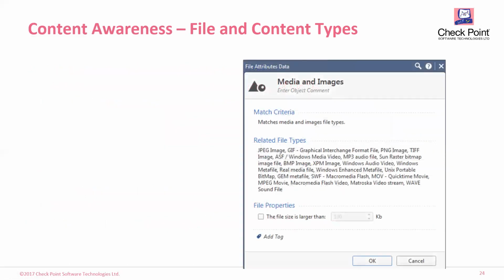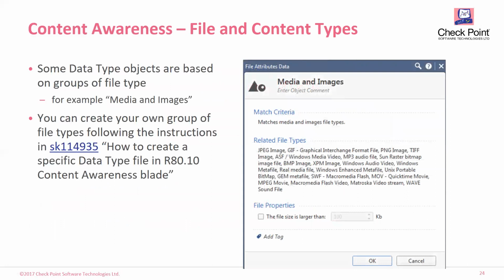So if you wanted to create your own, you can look at an example of media and images, and then you can say, if I wanted to create my own specific data types within R81.10 content awareness, you can go to SK114935, and this will help you create your own. If you wanted to see an example of how it works, you can look at media and images, and then you can see related file types here.